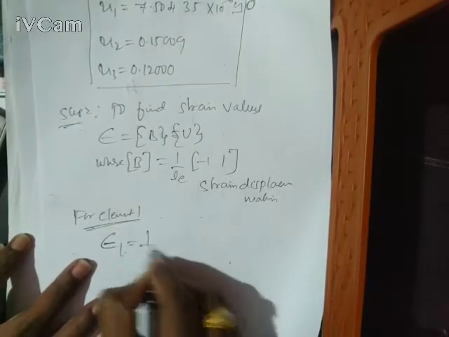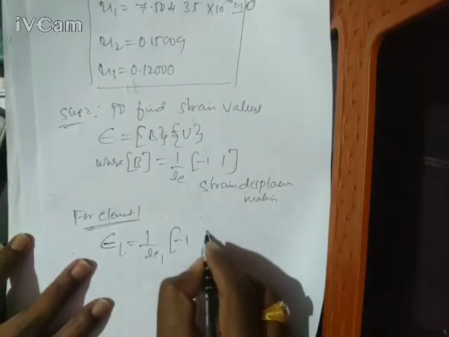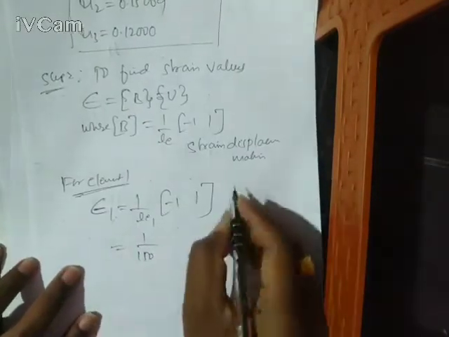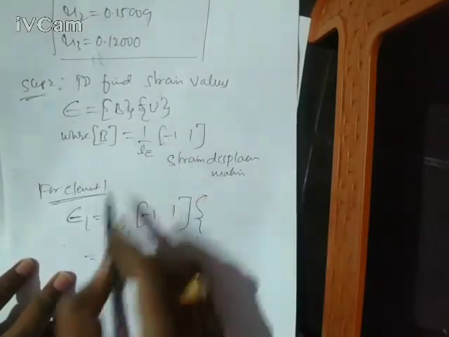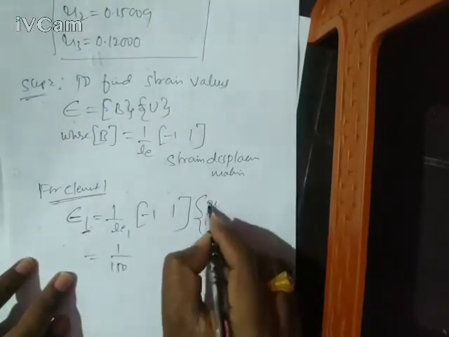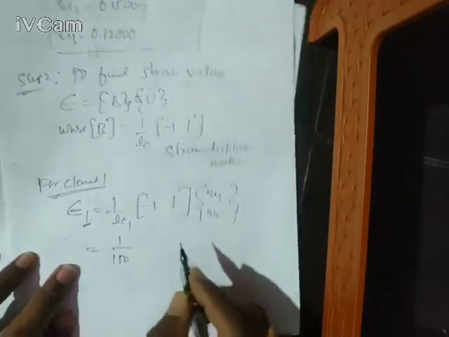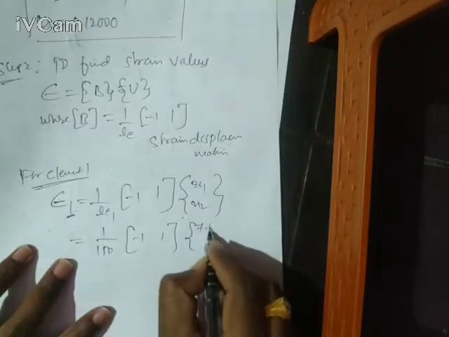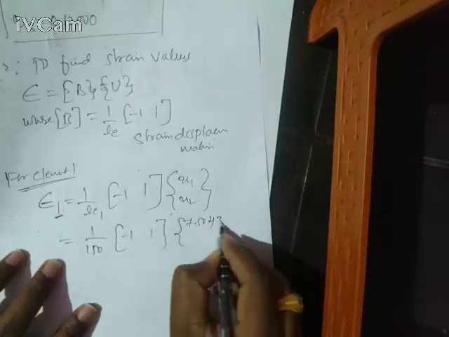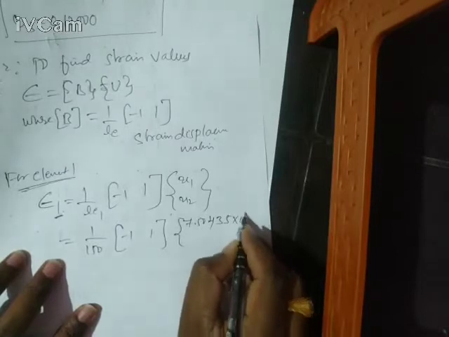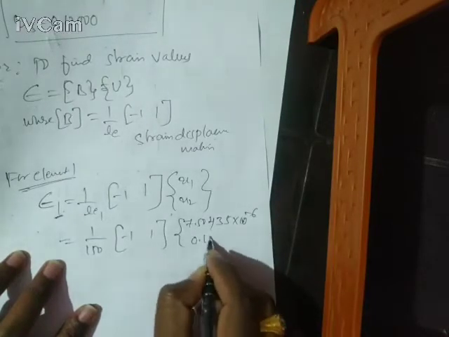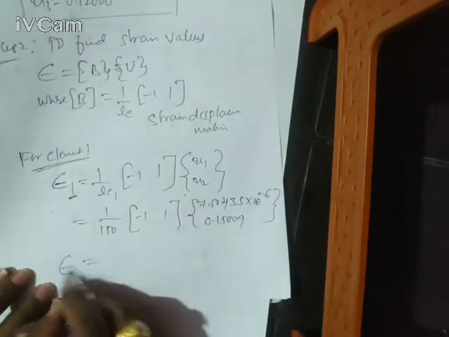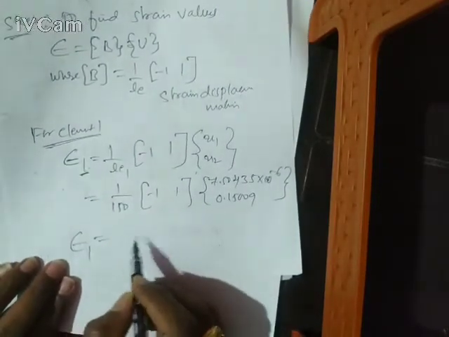Strain 1 is 1 by LE1 into minus 1 1. What is 1 by LE1? 1 by LE1 is 150. Since it is element 1, I will be taking nodes U1 and U2. Fine. So minus 1 1, and u1 is 7.50435 into 10 to the power minus 6, and u2 is 0.15009.